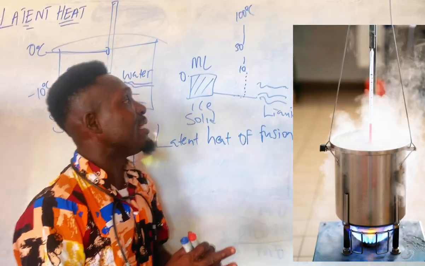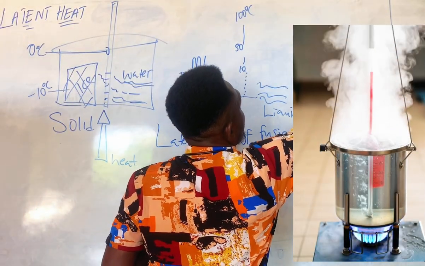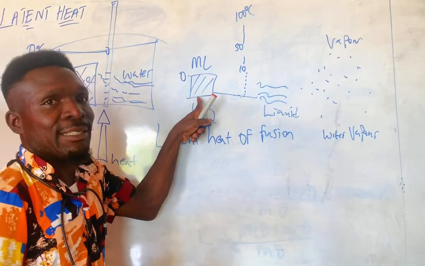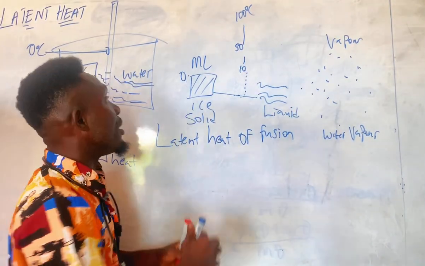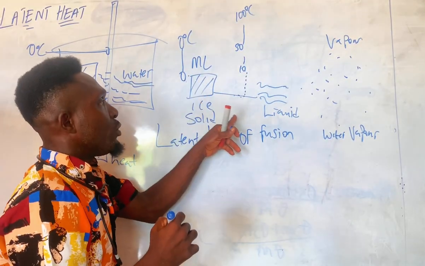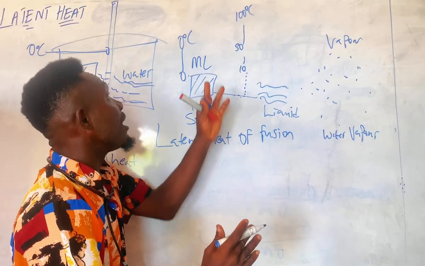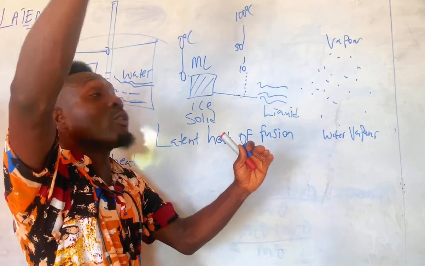Now let me explain this in a nutshell. This is my water vapor. This is my ice. At what temperature did the ice start melting to liquid? 0 degrees Celsius. And when it melts, the temperature begins to increase from 0 to 10 to 20 to 30 to 40 to 50 to 60.